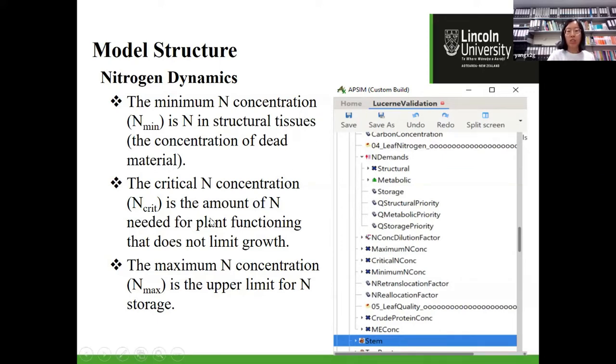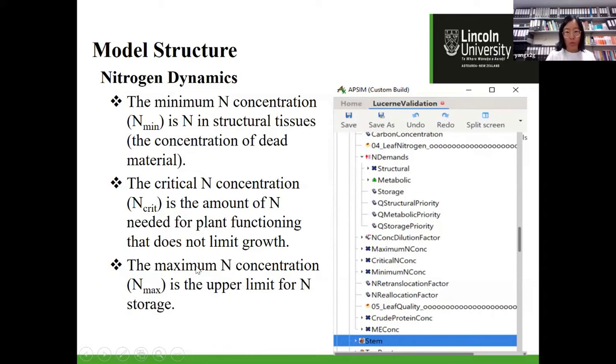The critical nitrogen concentration is the amount of nitrogen needed for the plant to function, which is not limiting for growth. The maximal nitrogen concentration is the upper limit for nitrogen storage. That's the maximal nitrogen concentration that each organ can reach.